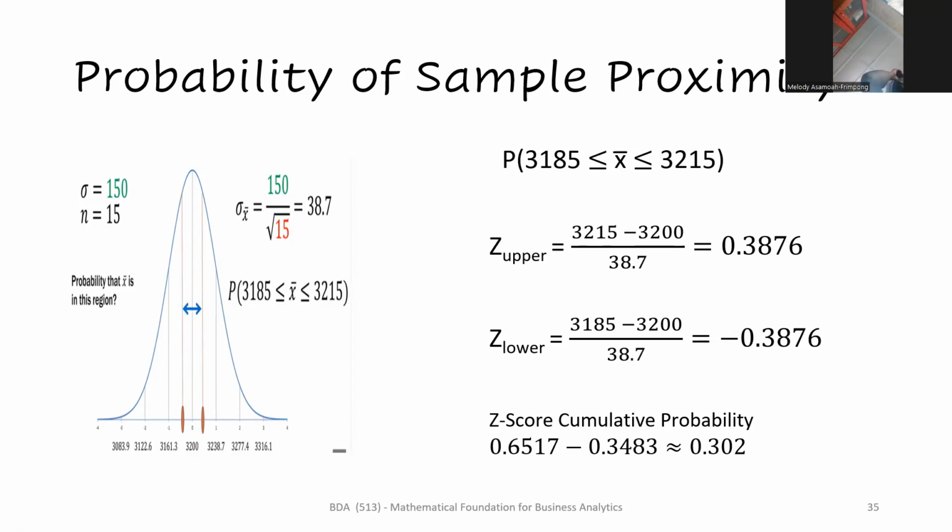Remember, this negative 0.38. When you find the probability, what do we get? The probability, what is 0.38. 348, isn't it? Yes, sir. 348.